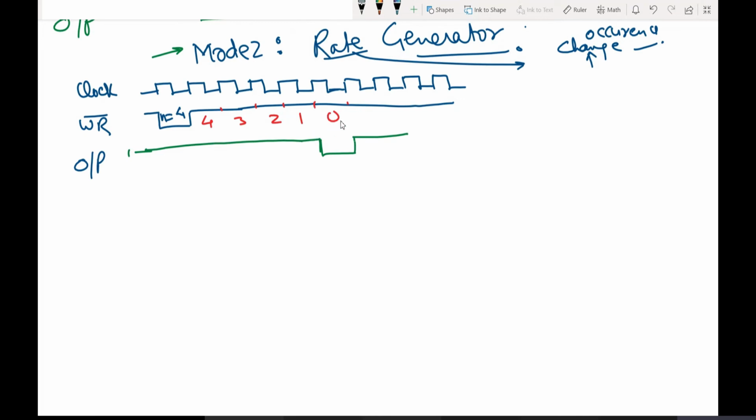That change we were talking about: the output changes when your terminal count is 0, and it will remain low for the period of 1 pulse, or 1 T, at the time of the terminal value. So this is what we call the rate.